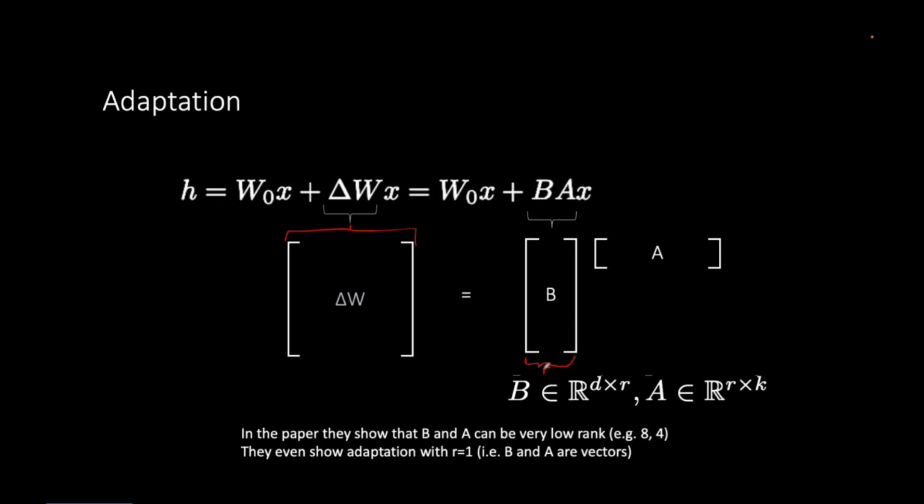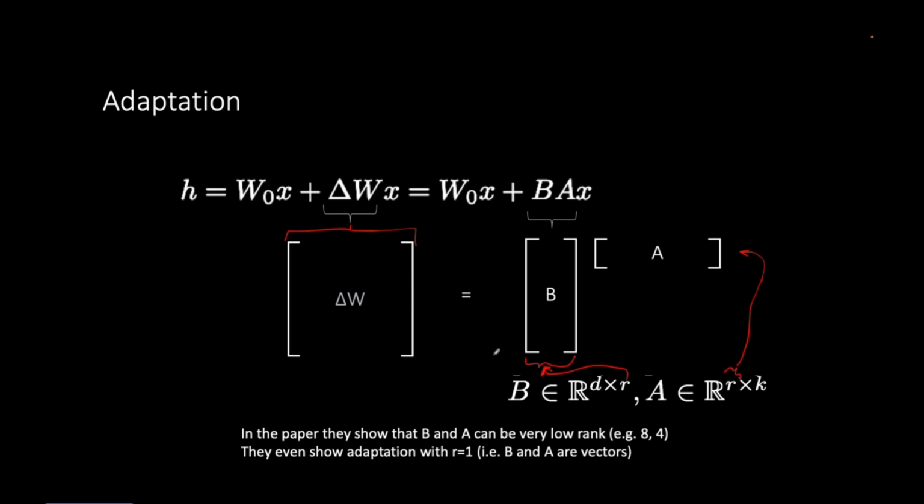This part is usually called R, and another matrix which also doesn't have too many rows, again with the same parameter R. When you multiply these two matrices, you will get a full matrix like this, but the rank, the dimensionality of the matrix, is much smaller. And obviously the number of parameters that you have here and here is much smaller than the ones that you would have if you were training a full matrix like this directly.